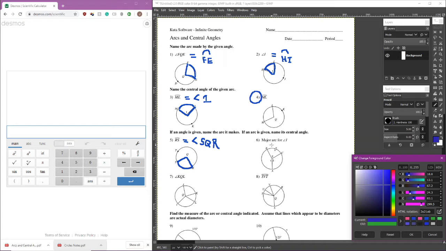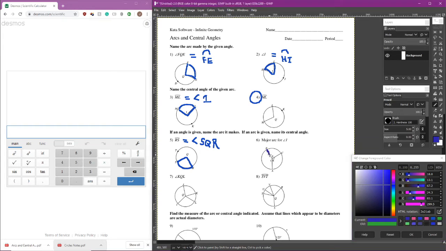Okay, for number 6, they're going to be asking us to find the major arc for number 1. Angle 1 right here starts at B, goes through the middle, and ends at A. Now you wouldn't want to say that the arc is BA, because that's not half the circle.